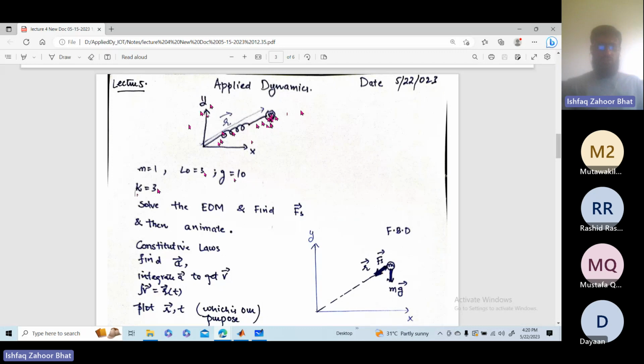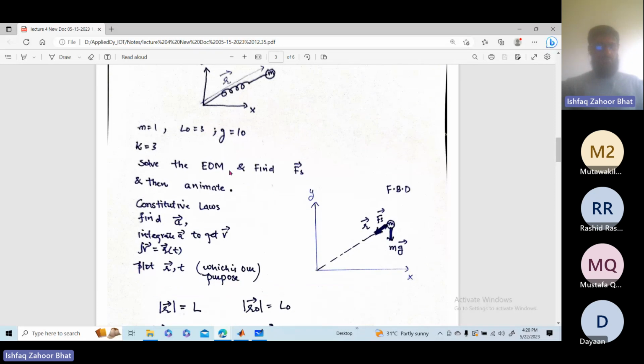So we will solve the equations of motion numerically, and we will then simulate, or animate, this problem. We have discussed the general idea that first we will use constitutive laws to find the acceleration of this particle, and then we will integrate the acceleration to get the velocity.